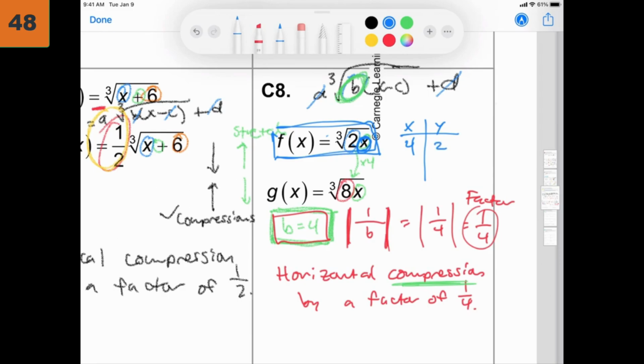And then for the green, I want to choose some number so that it's going to be a cube root. So 1 times 8 is 8, and the cube root of 8 is 2. What's the difference between the two tables of values is from 4 to 1. How do you go from 4 to 1? You multiply it by a factor of 1/4, which is the factor we just got. And that goes back to that formula 1 over b times x. And that's how you know it is a horizontal compression.